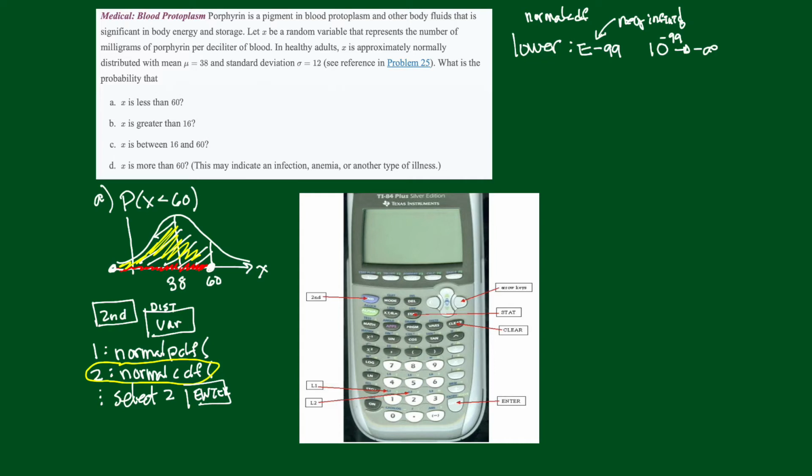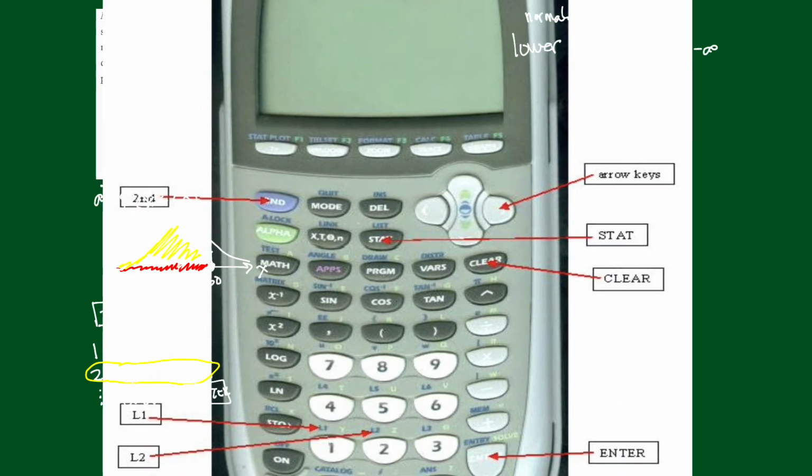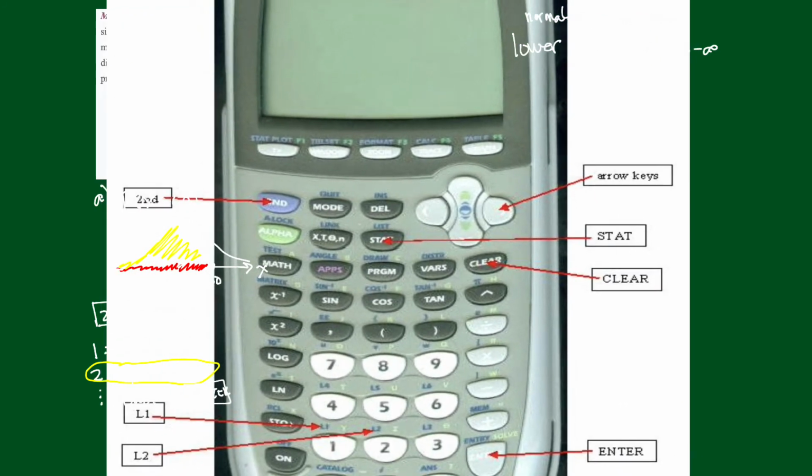So how do you get this E negative 99? You press this key right here. You see that comma key. Now the comma is right above the 7. It doesn't show up too well on this. Let me make it a little bit bigger. You're going to look for that comma key, and right above it, it says EE.